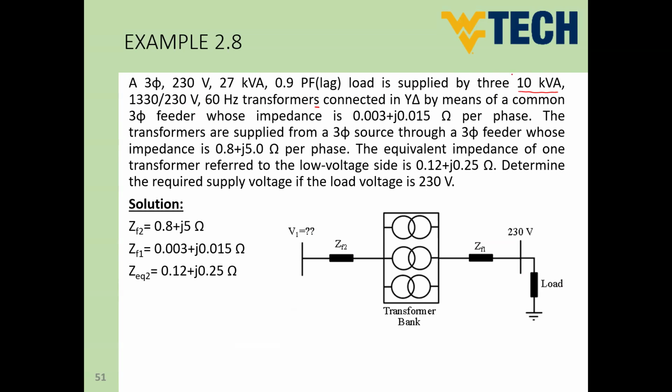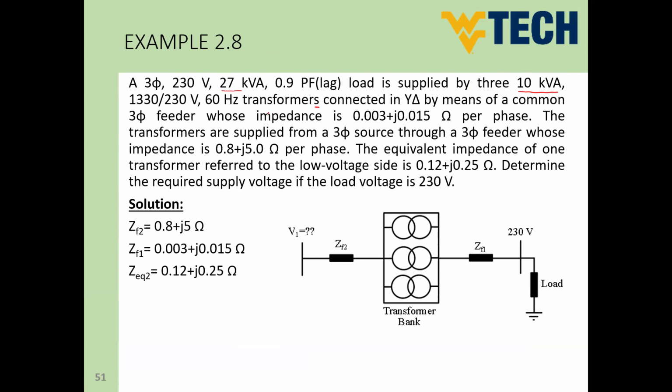100%, guys, this cannot be a three phase because, as you can see here, the load is 27 kVA and the transformer is only 10 kVA. So we cannot supply a load of 27 kVA from a transformer of 10 kVA. So this is the rating of a single phase transformer. Okay, so we have three of these single phase transformers.